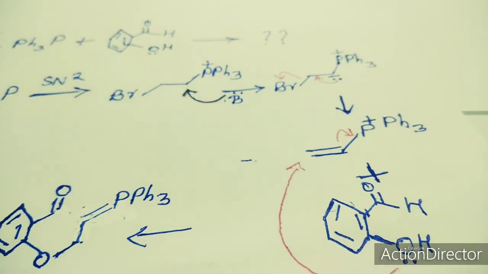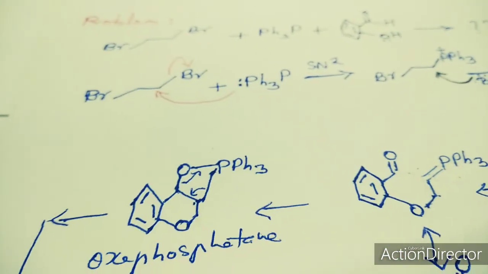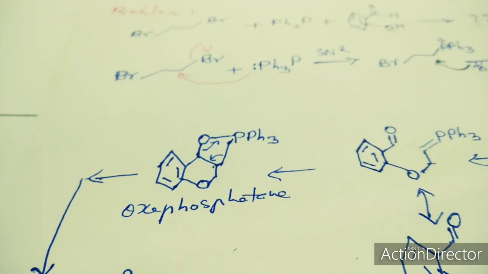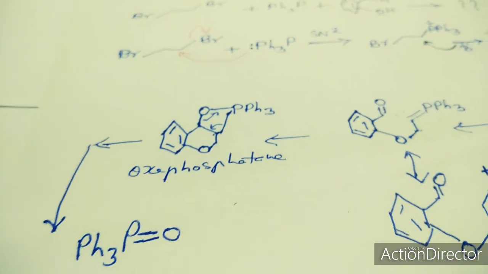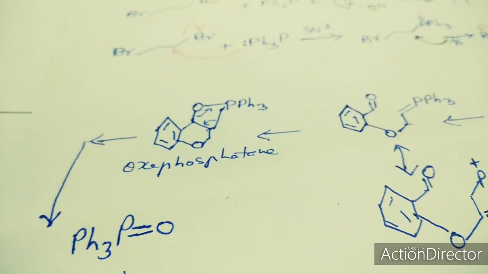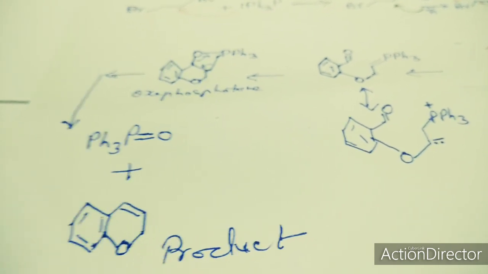This halide then reacted with benzaldehyde to form this cyclic oxophosphate structure. The oxophosphate then lost P double bond O, P from one place, O from the other, and by virtue of that a double bond was generated in this cyclic structure. So that is all for today.